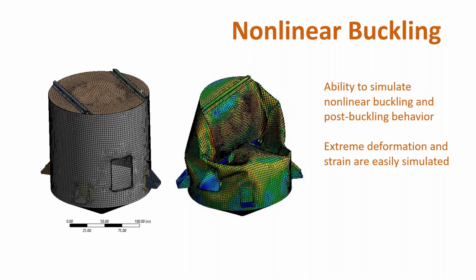A static approach to that sort of nonlinear buckling, especially when it involves things like material plasticity, is just not possible. Now, there's the arc length method using an implicit solver, which has some applicability here. What I found is that explicit solvers just do this so much better. And it's great for understanding post-buckling behavior.